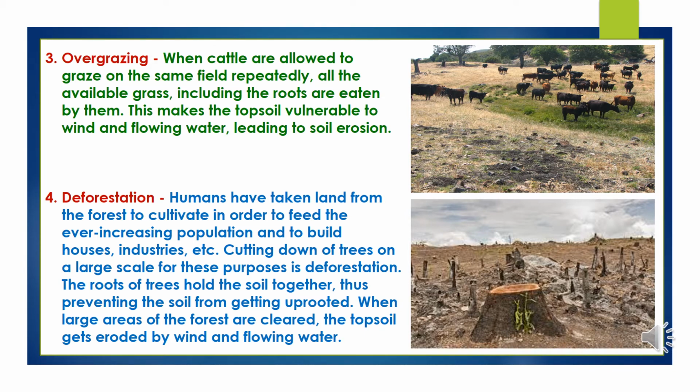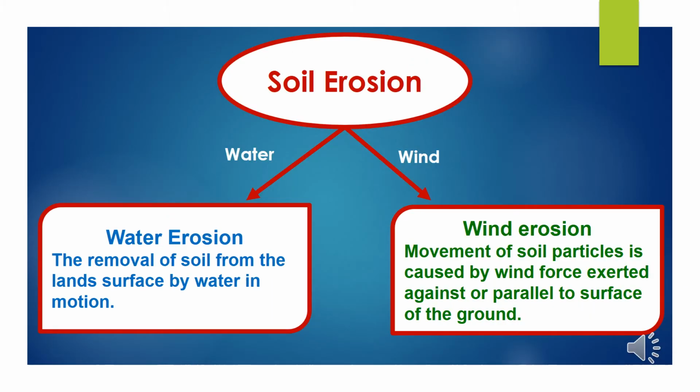The roots of trees hold the soil together, thus preventing the soil from getting uprooted. When large areas of forest are cleared, the topsoil gets eroded by wind and flowing water, which causes the erosion.